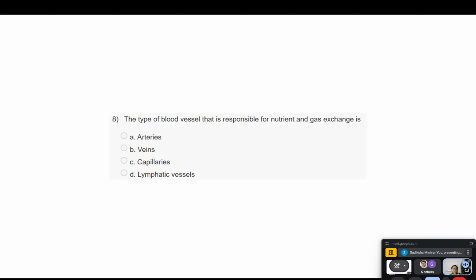The type of blood vessel that is responsible for nutrient and gaseous exchange is arteries, veins, capillaries, or lymphatic vessels. Anyone wants to answer this?